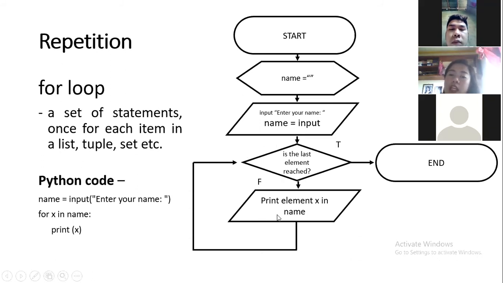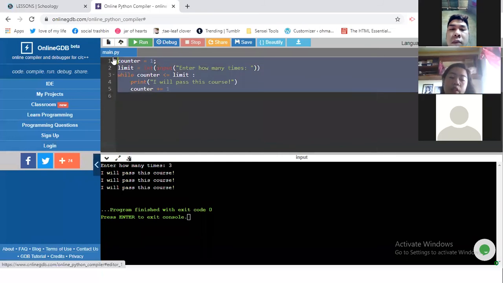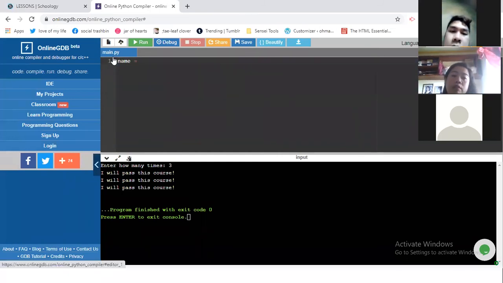So, pag start, print element X in name. Piprint niya lang each element. Halimbawa, test. Piprint niya yung T, yung E, yung S, yung S, hanggang is the last element reached. Pag true, lalabas na siya. Okay? So, if we convert this, name gets, diretso na natin, enter name.